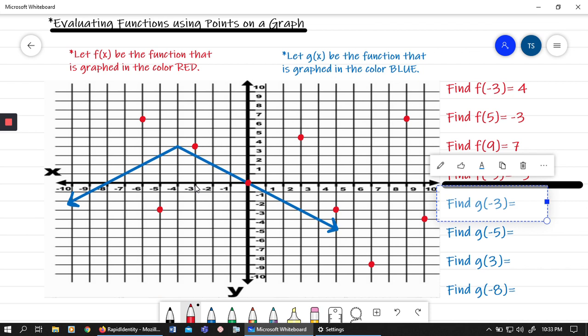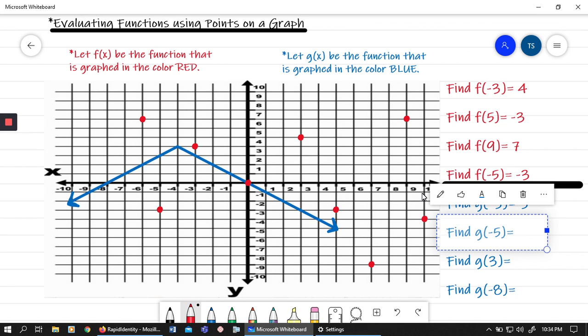Up how many? Let's count it. 1, 2, 3. It's up 3. So at the x value negative 3, the y value is up 3, which means the y value is positive 3.